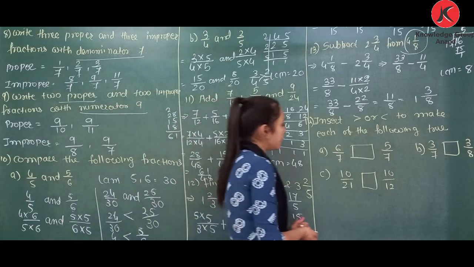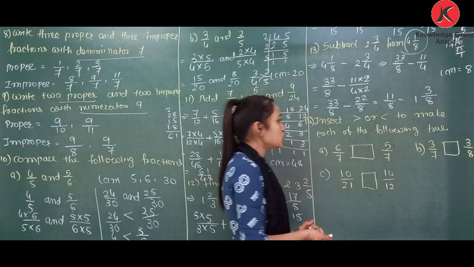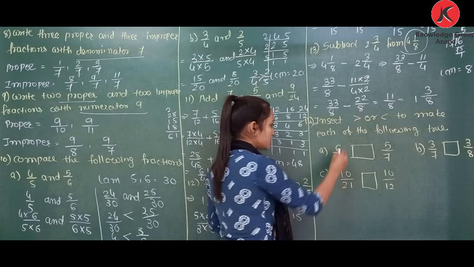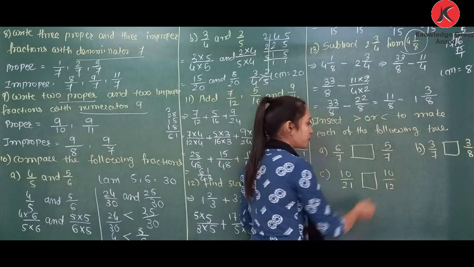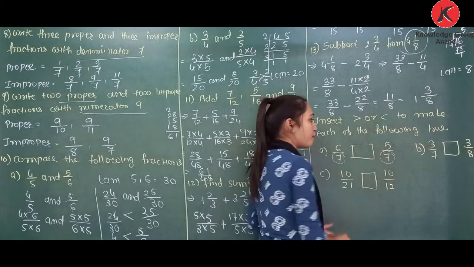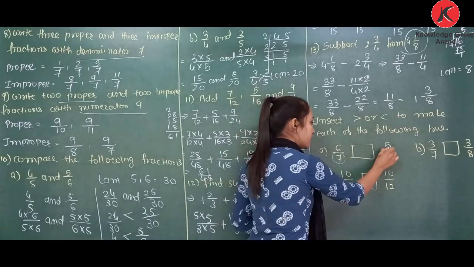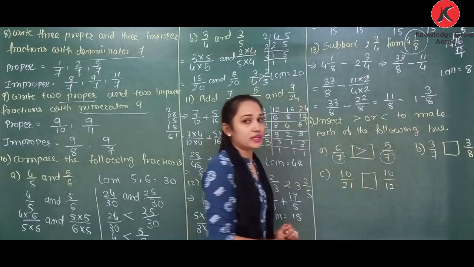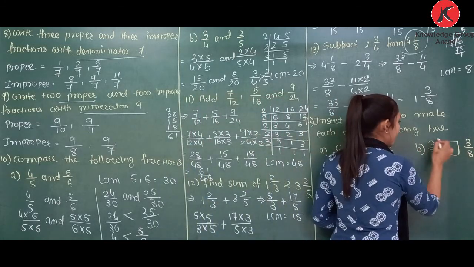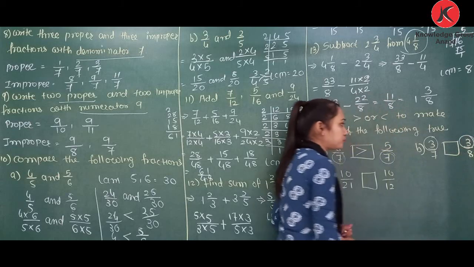Next, insert greater than or less than to make each of the following true. How can we compare? First is 6 by 7, 5 by 7. Denominators are the same, so you can directly compare the numerators. Which one is greater? 6 is greater, so we can write greater than. Next, 3 by 7, 3 by 8. Now you can see the numerator is the same.